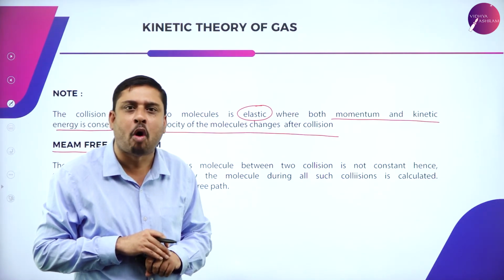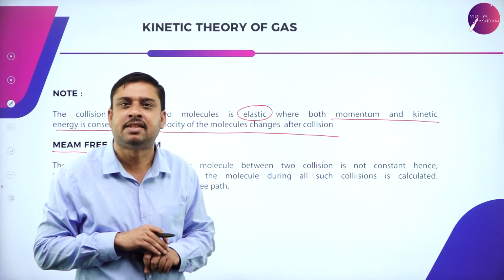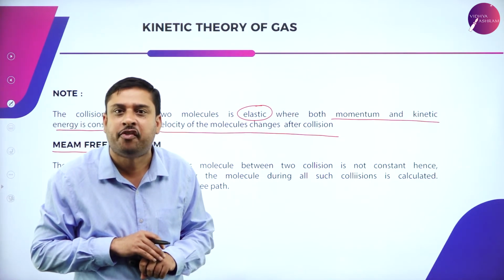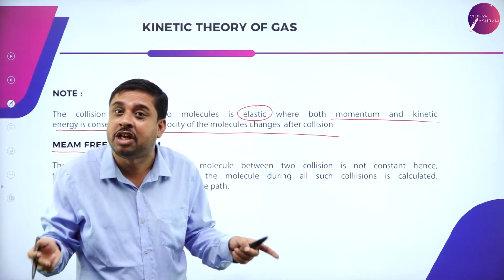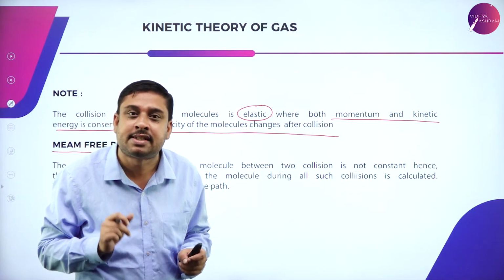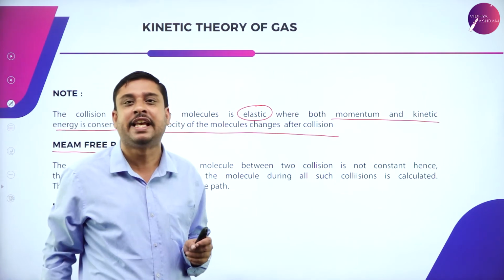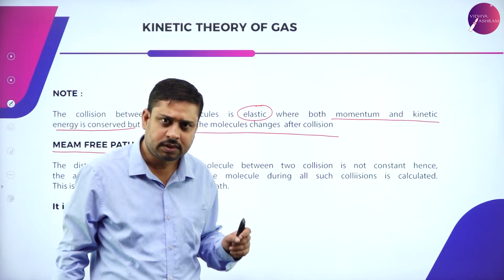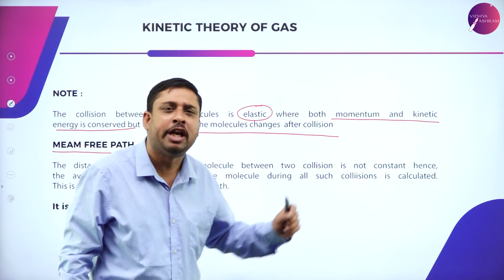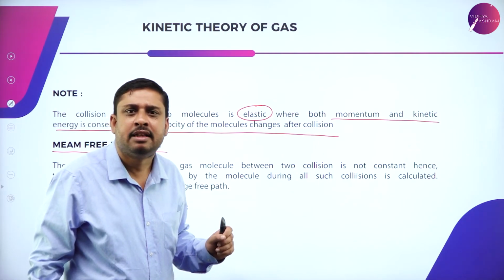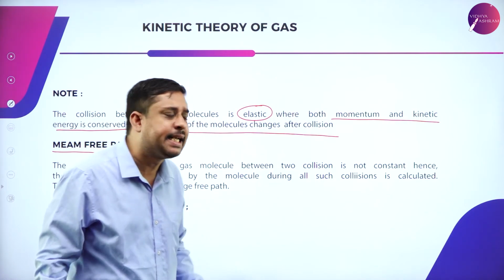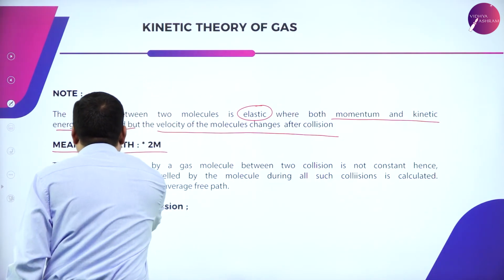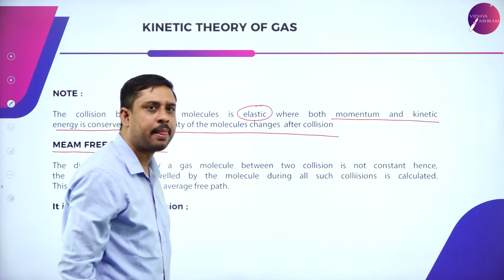In all possible directions the molecules move, because of which there is a probability of collision with other molecules and the walls of the container. Now, during these collisions, the molecules will certainly travel some distance.